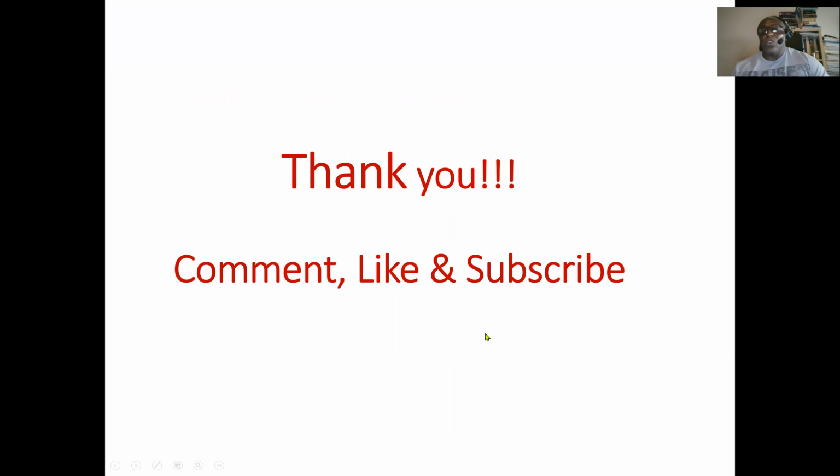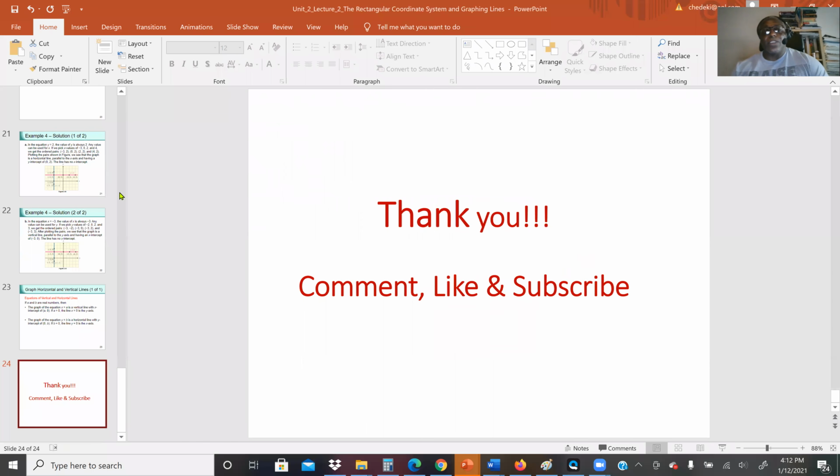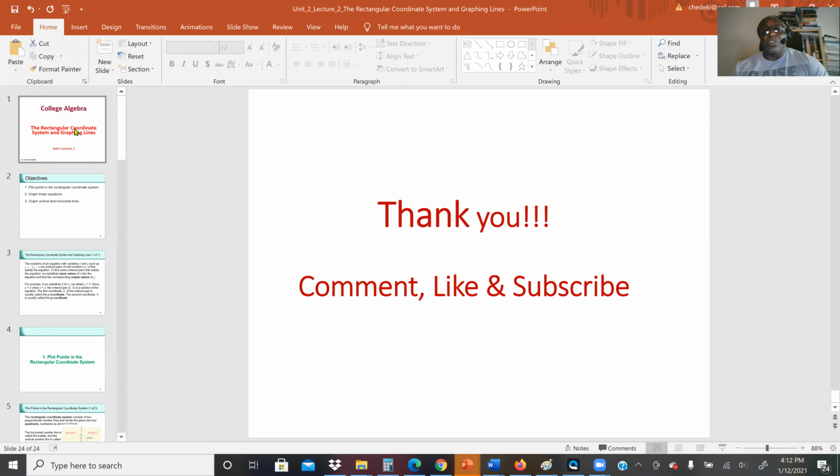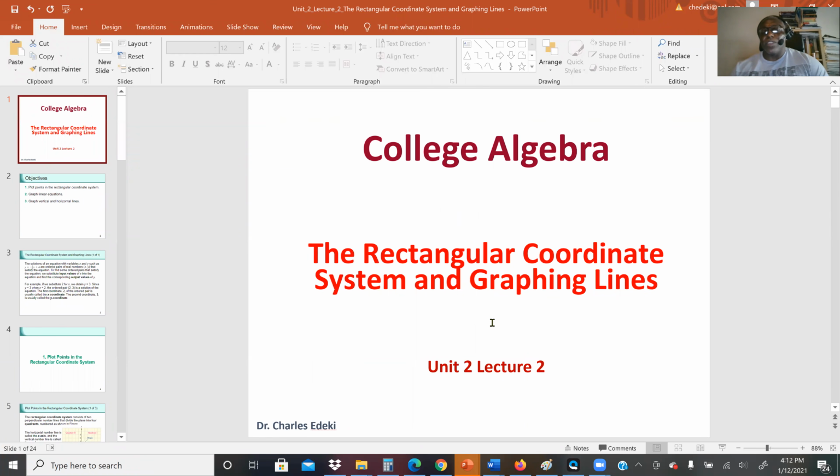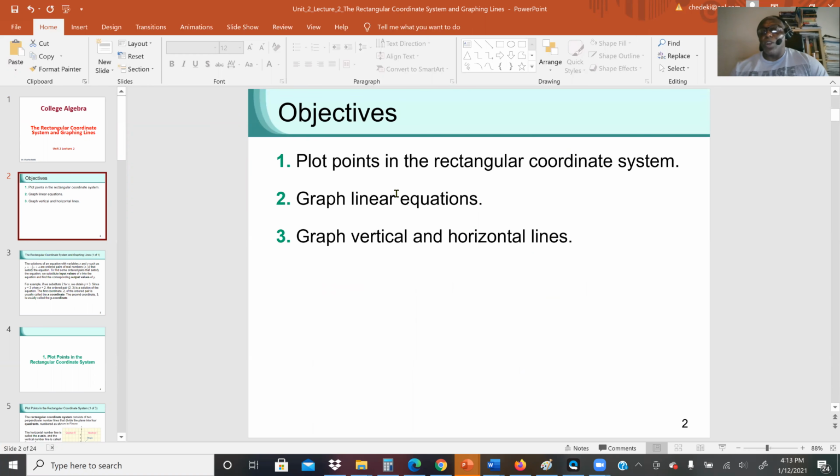So again, this will be the conclusion of our lectures. In these lectures, we went through the concept of a coordinate system, how to plot a graph, the rectangular coordinate system, and graphing lines. We discussed how to plot points on a rectangular coordinate system.